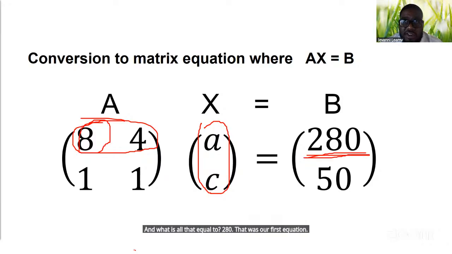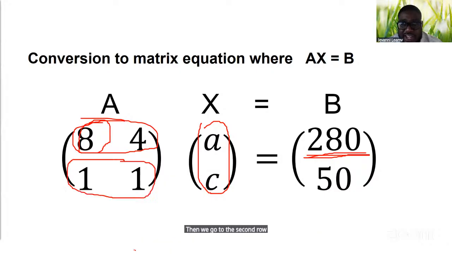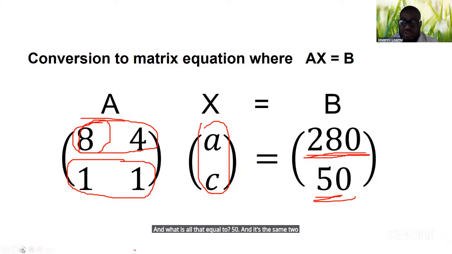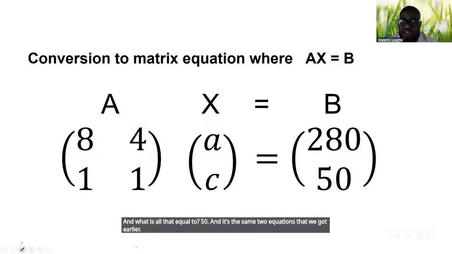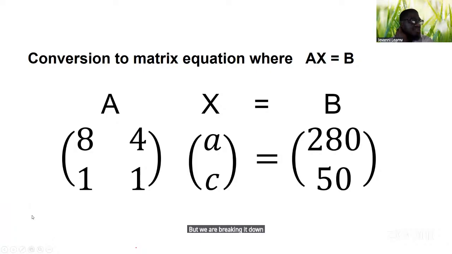Then we go to the second row. 1 and 1 in the second row, multiplied by the A and the C. So 1 times A is A, plus 1 times C, which is C. And what is all that equal to? 50. And it's the same two equations that we got earlier, but we are breaking it down in the matrix method, or the matrix equation form.